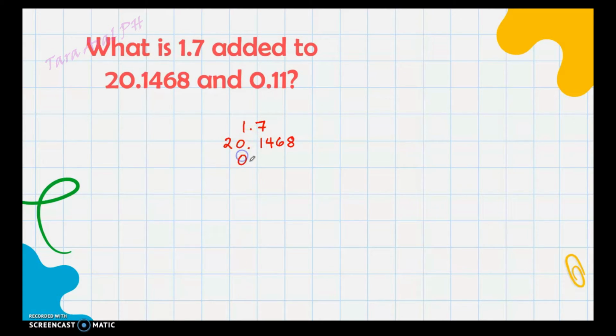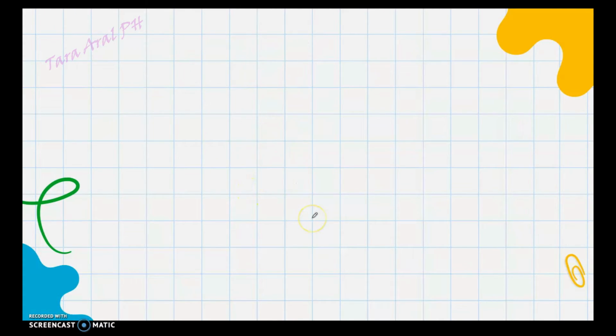We also have 0.11, and for those with empty place values, we may add 0 so that we will not get confused, and we can add per place value. So we have 8, 6, 5, 9, then you put the decimal point, align it also, and 2. Then this is our answer, 21.9568.